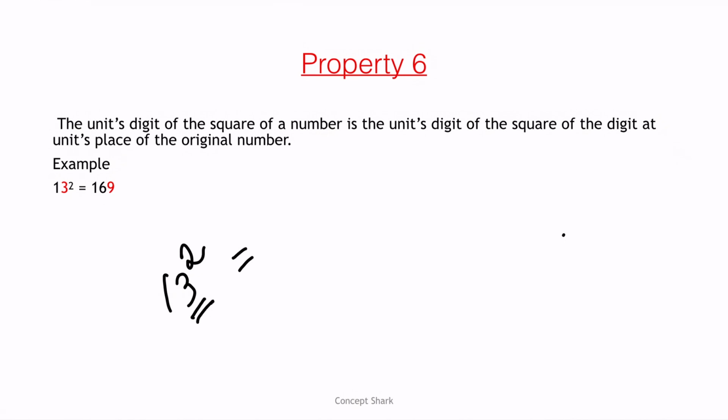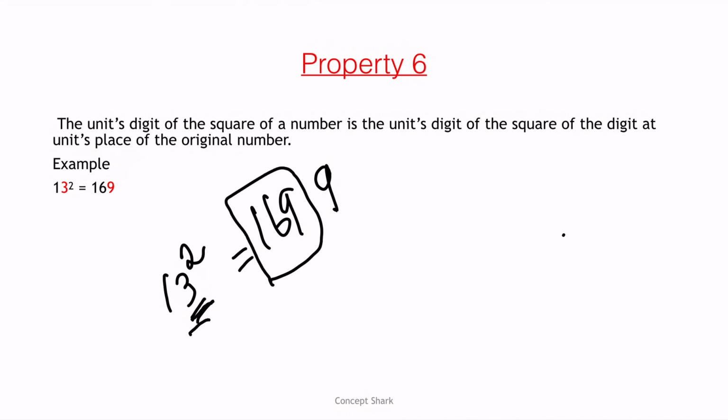What is the square of 3? 9. So, the square number will have the square of the unit digit of the original number. Here the square number is 169. In this 169, this 9 is the square of the unit digit of the original number, that is 13.